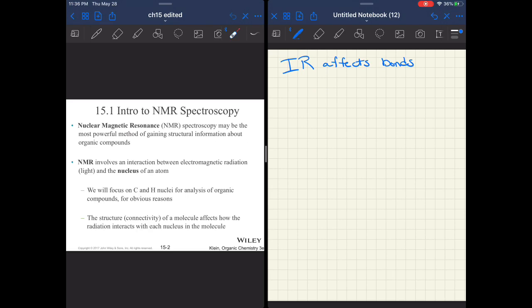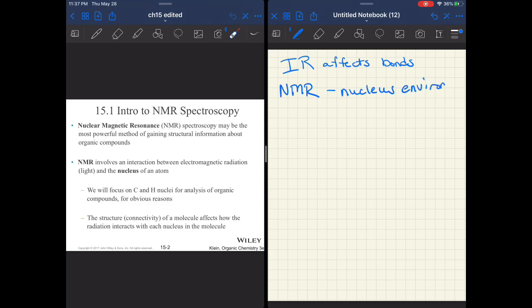Causes stretching and vibrating, which can be characteristic to specific bonds. With NMR, we are using radio frequencies to assess the nucleus of certain atoms' environment.